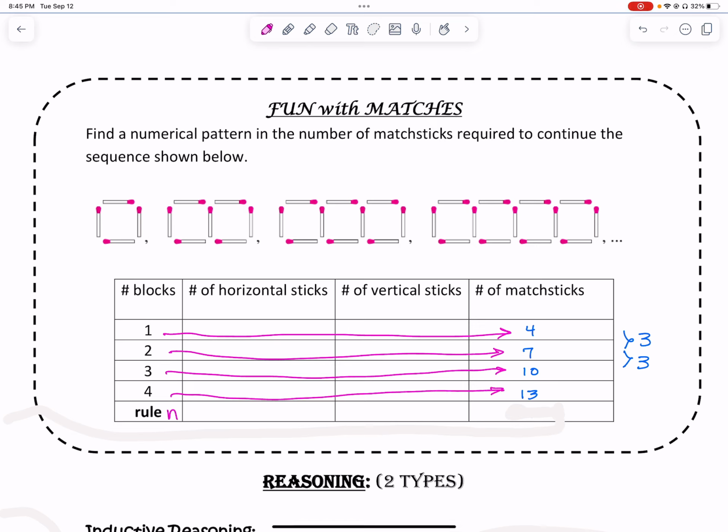So I'm going to give you a little hint, okay? The hint is, notice each one of those I'm going up by 3. That means that 3n is going to be somewhere in my formula.